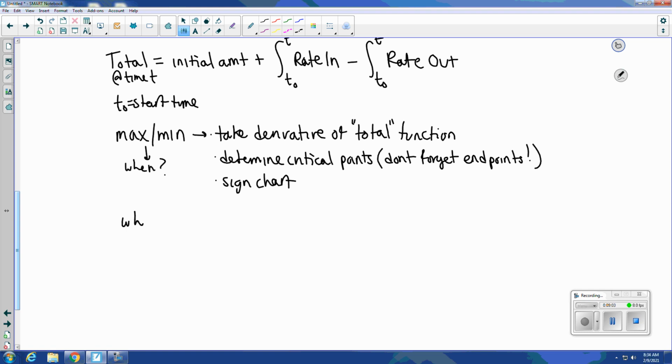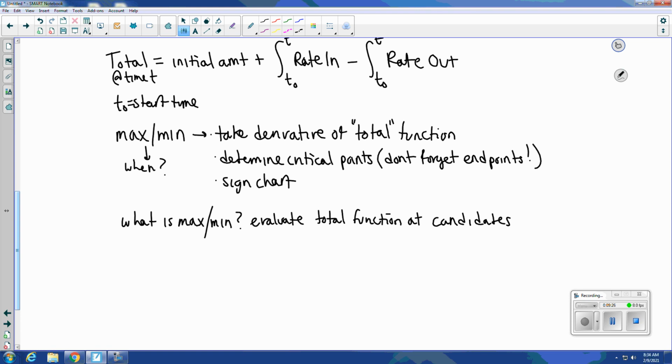How do we get what is the max or min? We'll have to evaluate the total function at the potential candidates. So maybe you have more than one max or min location.